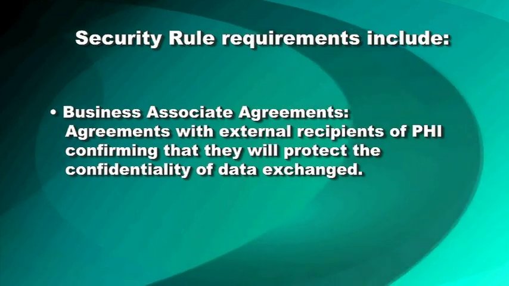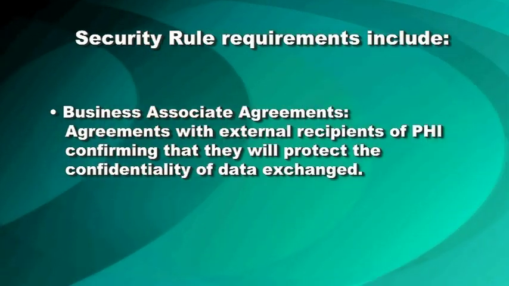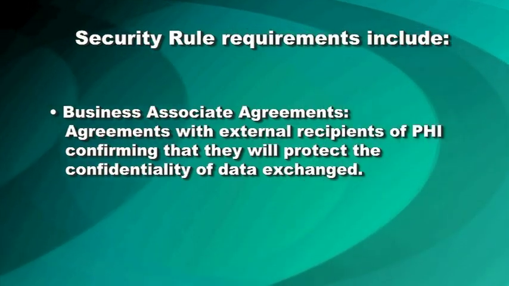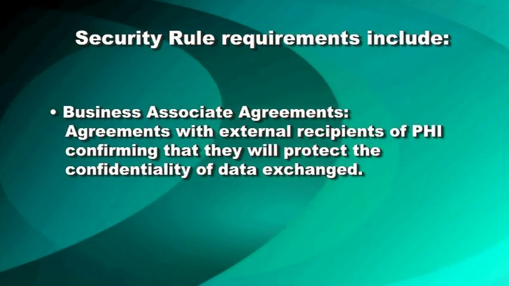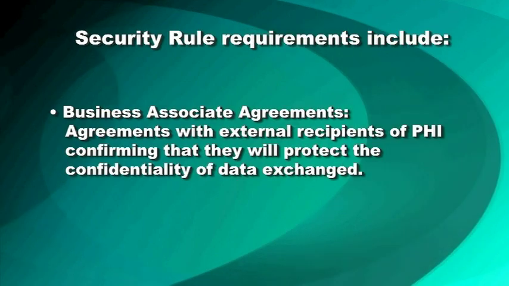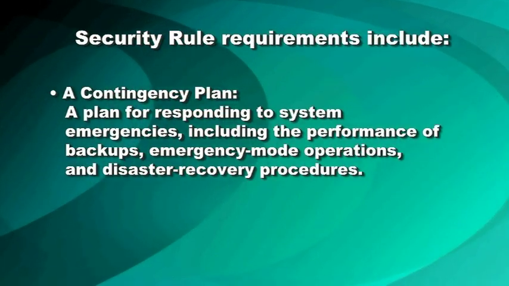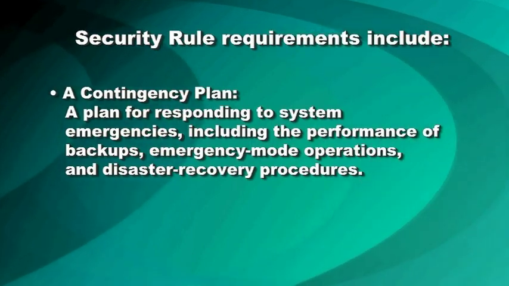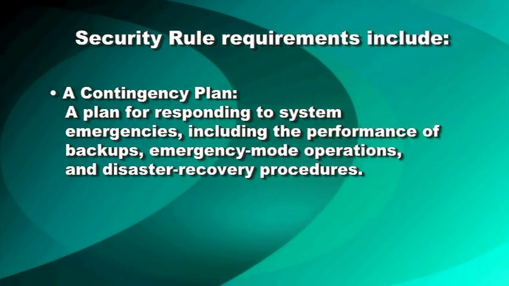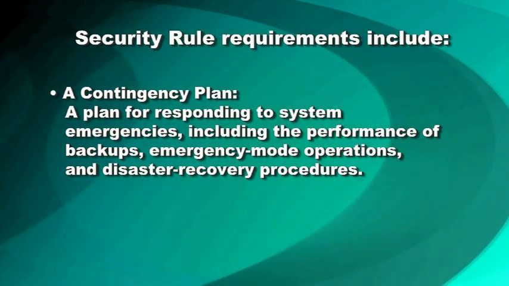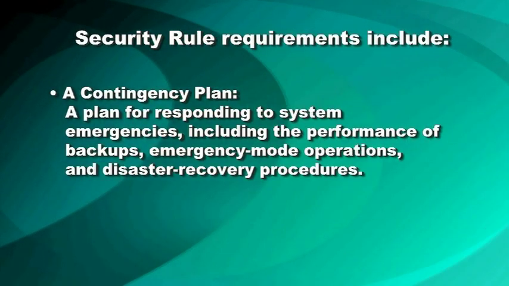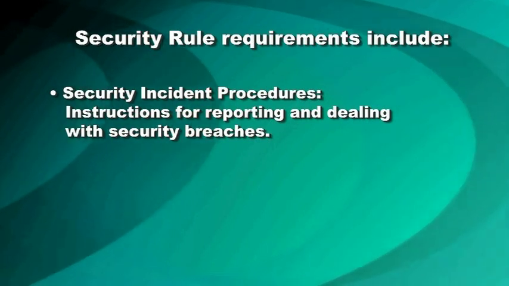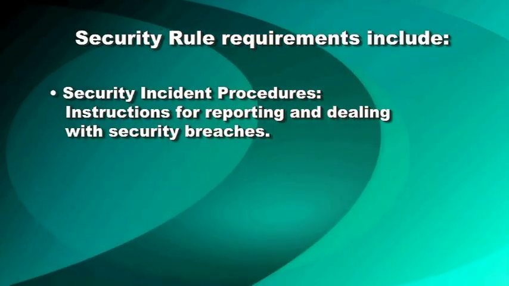Business Associate Agreements: agreements with external recipients of PHI confirming that they will protect the confidentiality of data exchanged. A contingency plan: a plan for responding to system emergencies, including the performance of backups, emergency mode operations, and disaster recovery procedures. And security incident procedures: instructions for reporting and dealing with security breaches.